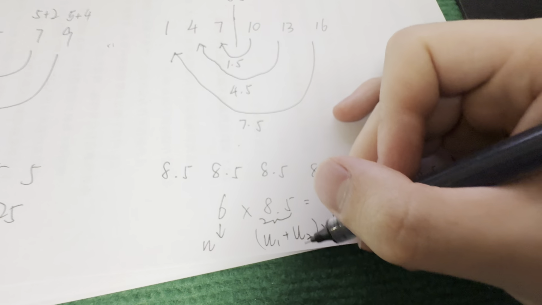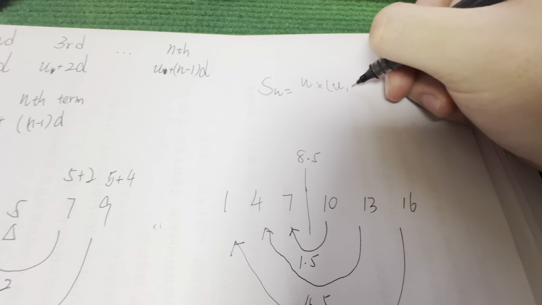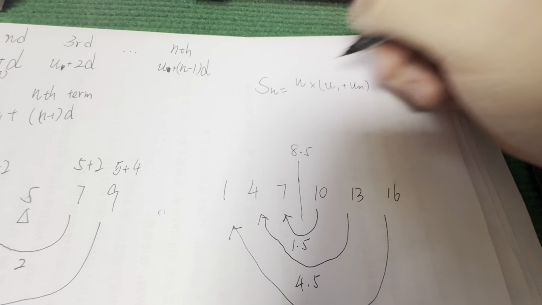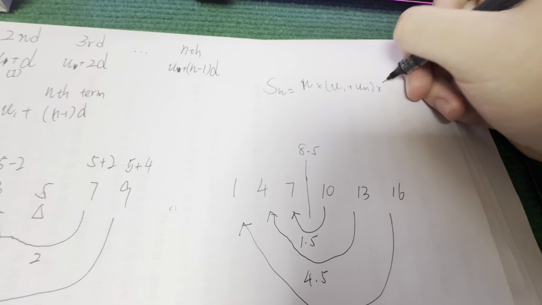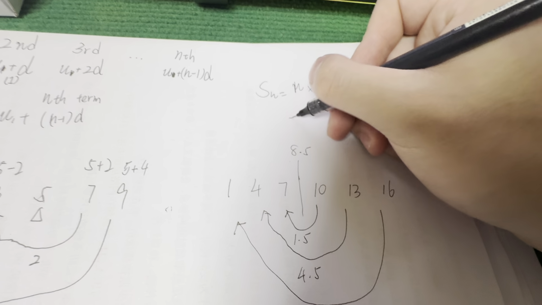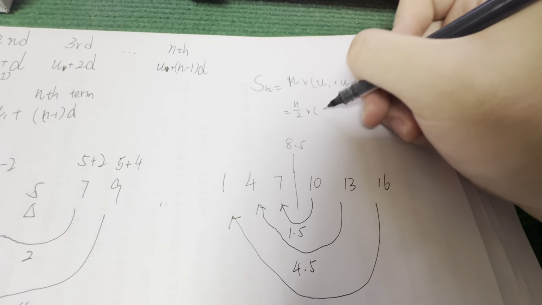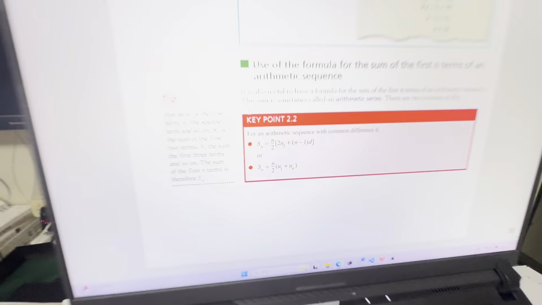Okay, sorry, here shouldn't be 2, here should be n. n times u1 plus un, sorry, my bad writing, times 1 over 2, which can be written as n over 2 times u1 plus un. It is the second formula.